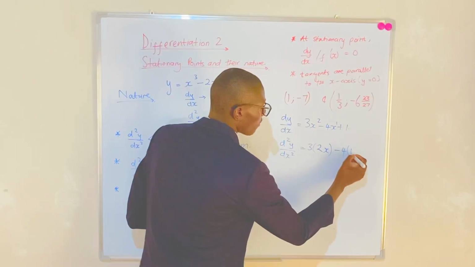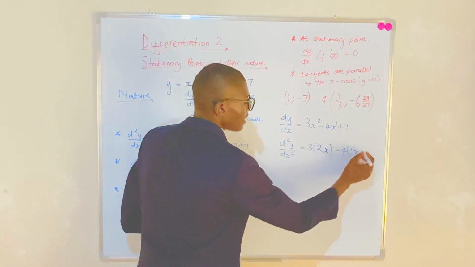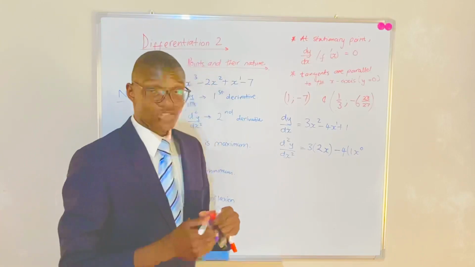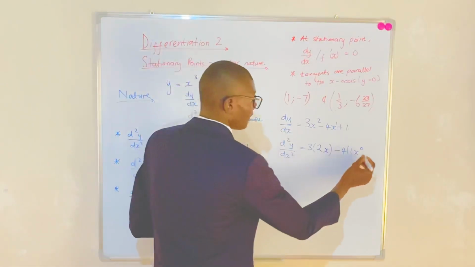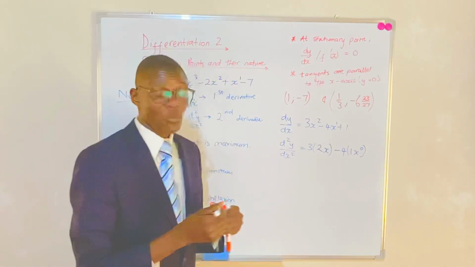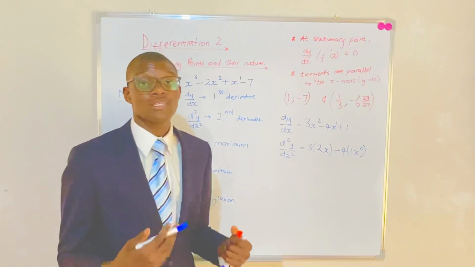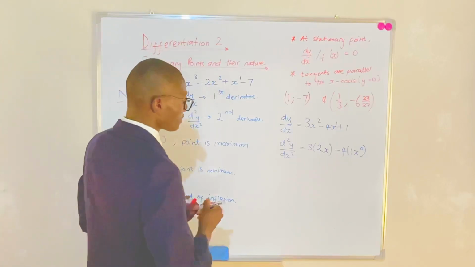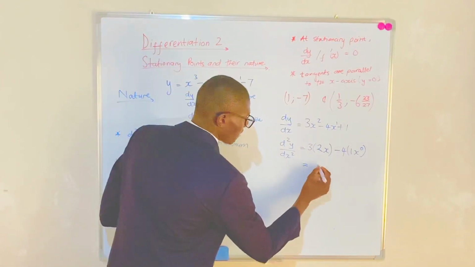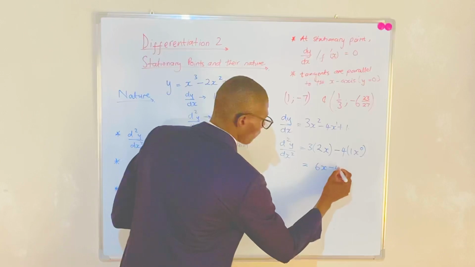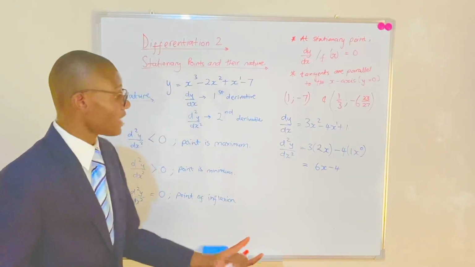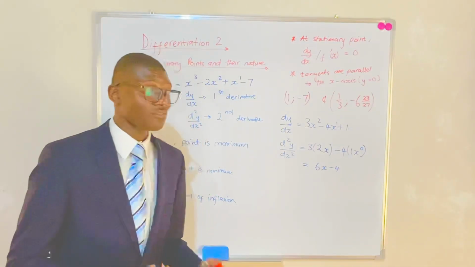We're dropping the power 1, multiplying by x, subtracting 1 from the power of 1, we get to the power of 0. Then plus the derivative of 1. If we differentiate a 1, since it's a constant, we know we'll get a 0. So now we go further to simplify this, and we'll get 6x minus 4. So now this is the expression for the second derivative.